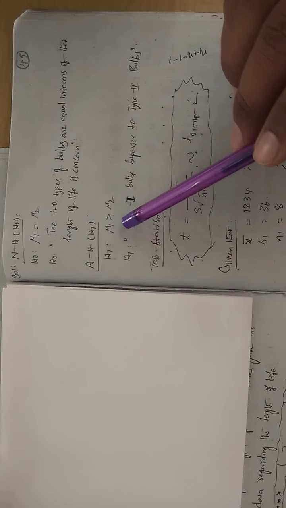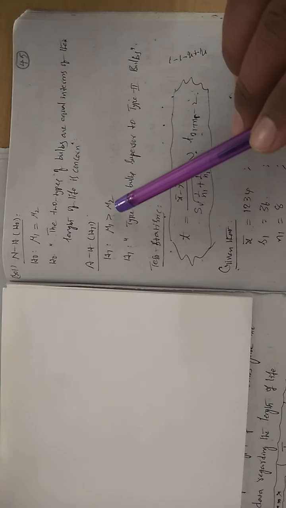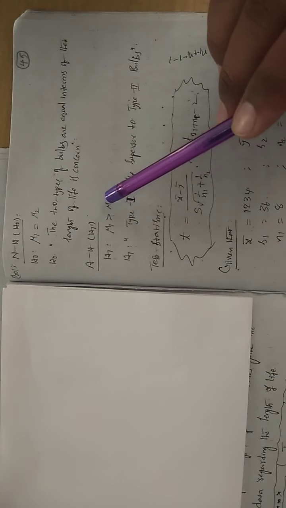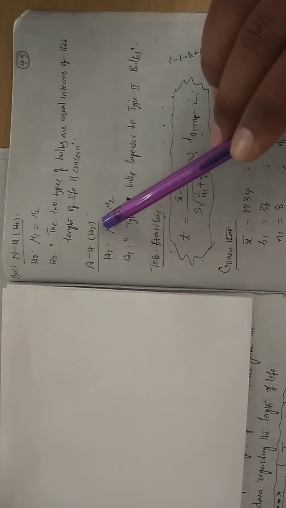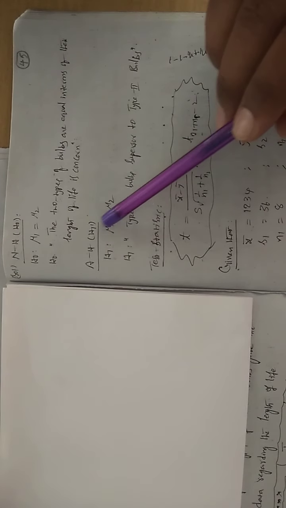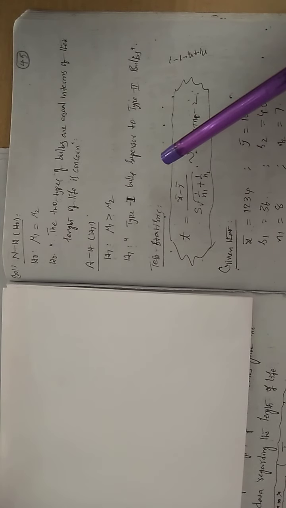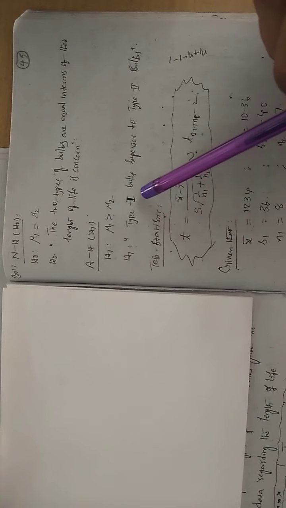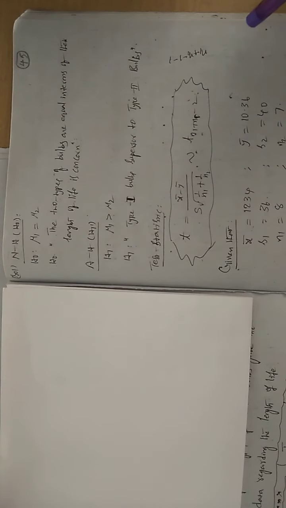But what is the alternate hypothesis? The first sample is more than the second sample, Bajaj bulbs and Crompton bulbs. So H1, the alternative hypothesis: type 1 bulbs are superior to type 2 bulbs.